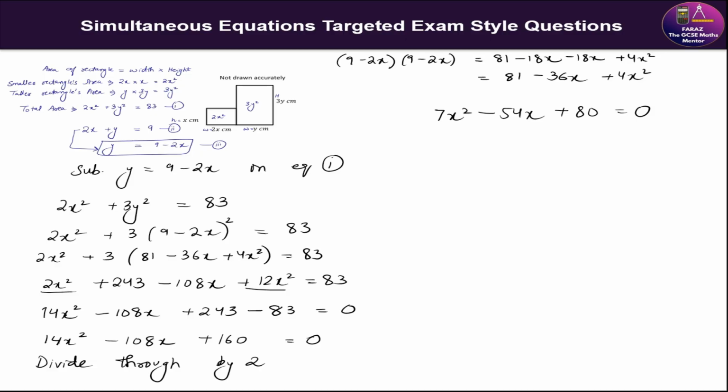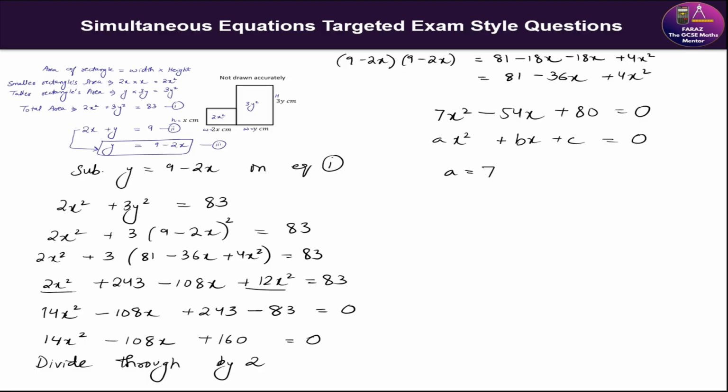So in the previous question, I have showed you how to factorize an equation. Now I'm showing you how to use the quadratic formula. So you can solve it by using the quadratic formula. Here we need to identify what is the value of a. So the general form of the quadratic can be written in this way: ax squared plus bx plus c equals to 0.